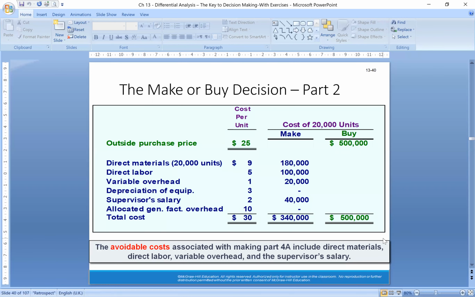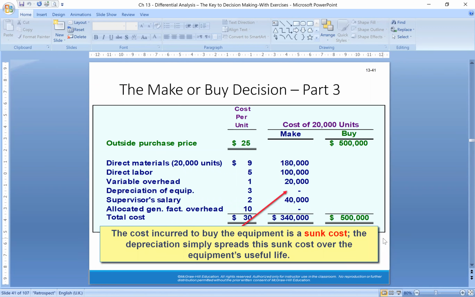$340,000. The avoidable costs, which are these four only associated with making the part, include direct material, direct labor, variable overhead, and the supervisor salary only, which means the others are not avoidable.